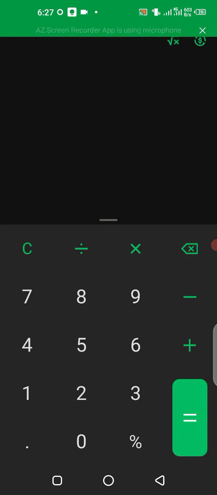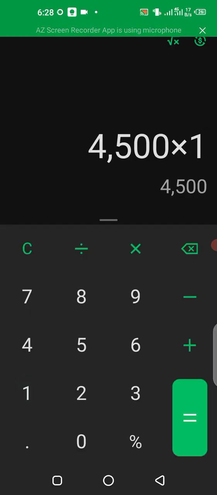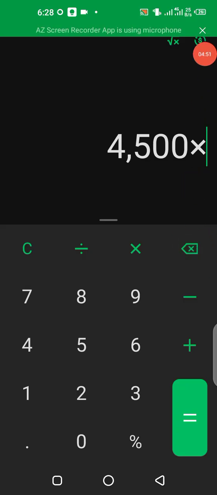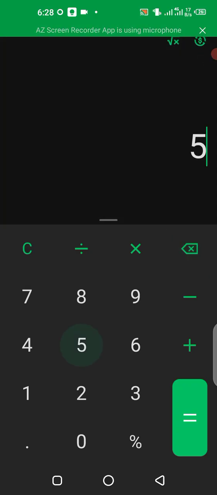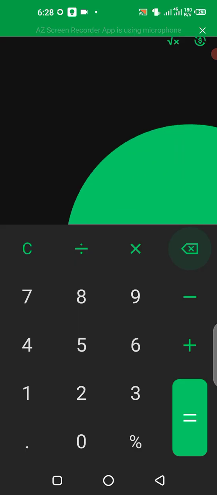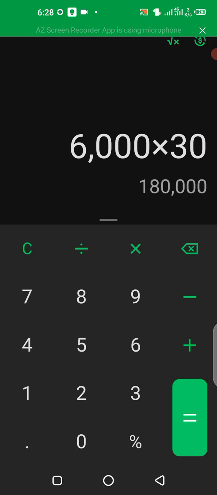Let's say you are making 30 sales, 30 times 150 times 30, that is 135,000. Let's say you're making 40 sales. 40 sales times 150 is 6,000, times 30 is 180,000. So this is a lot of money that people are leaving on the table.